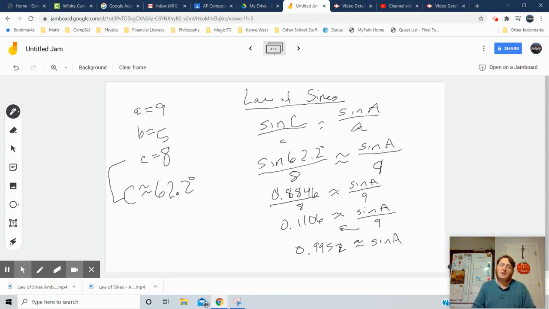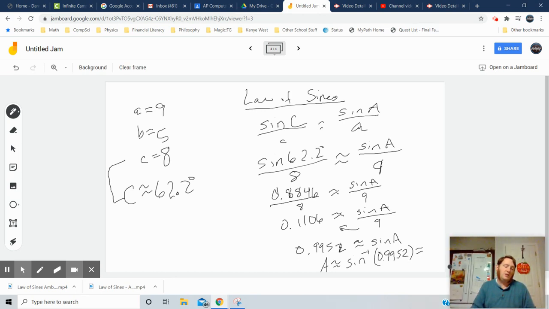We know the ratio, we want the angle, so it's an inverse sine problem. Make sure you're in degrees and have your calculator look up the angle that would have a sine of 0.9952, or the decimal on your screen if you've been careful and can manipulate it.